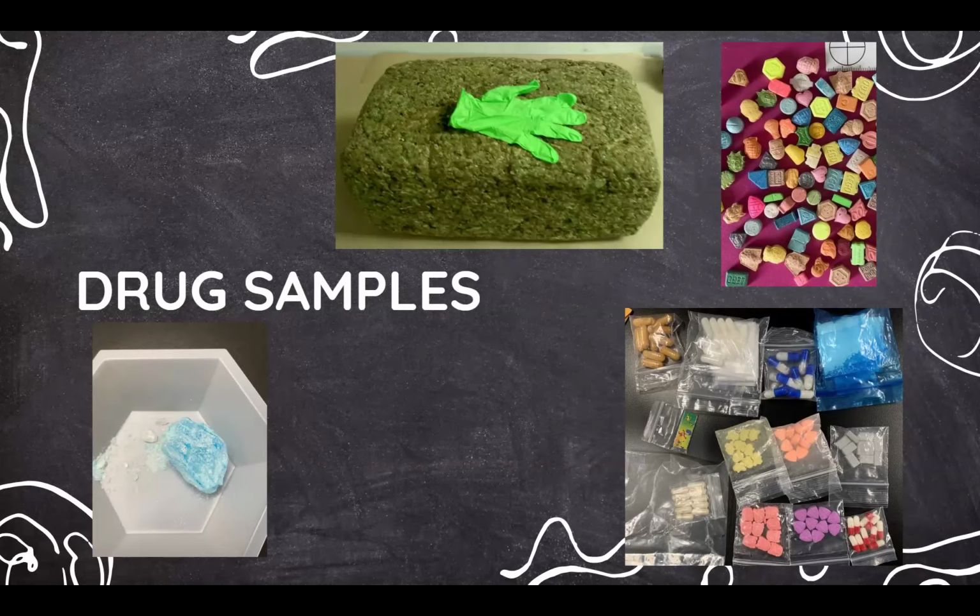And by confirmation techniques, I'm talking about your gas chromatograph, mass spectrometer, things that allow us to then go into court and say to a jury, I'm confident that this particular blue crystal material is crystal methamphetamine.